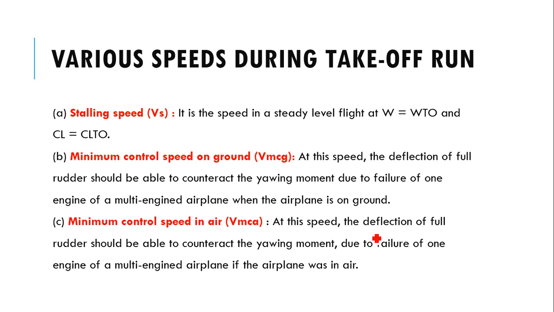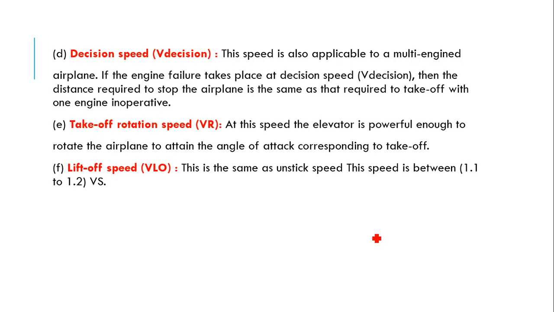When the aircraft is flying in air, the speed at which the rudder is deflected to counteract the yaw movement is called the minimum control speed in air.